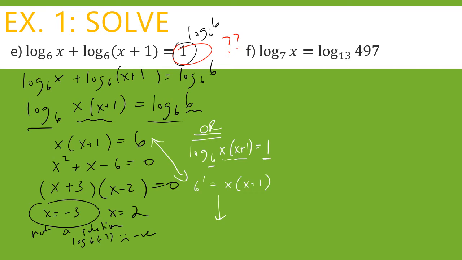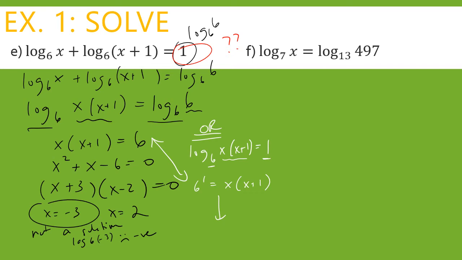F. They don't have the same base. I can't use product law or anything like that on those. So maybe let's think about what happens if we convert this to an exponential. It's going to look weird, but log in base 13 of 497, that's just a number.